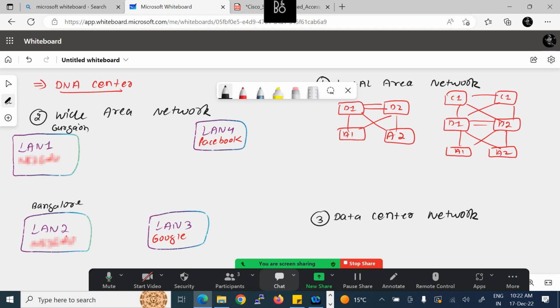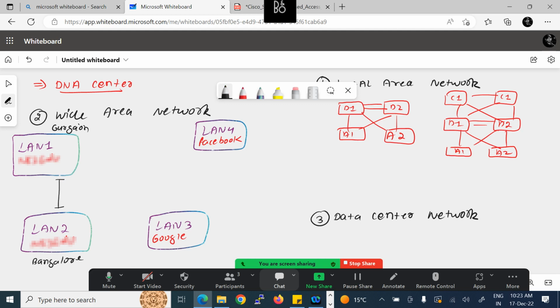So I have to access the Facebook server and the Google server, but I also want to access my Bangalore branch. So Gurgaon branch wants to communicate with Bangalore branch. Now the problem is here.